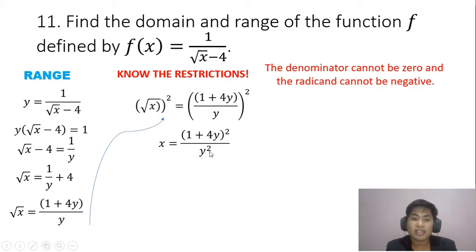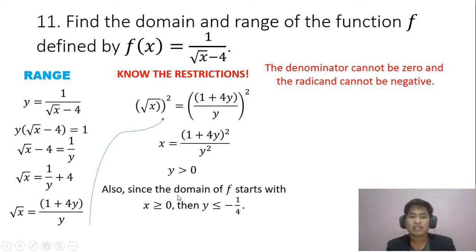Pero, ako lang siyang i-consider ang y nga mga positive lang, kay although naa man siya negative, ato lang mabalaan later kung asa nga part ang negative. So kani diri nga part y is greater than 0.